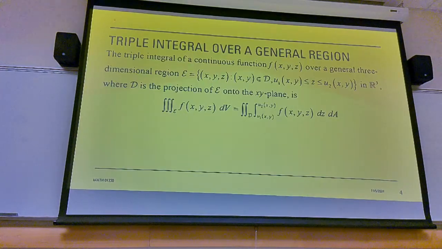Then the triple integral over E of f dV is an iterated integral. It's the double integral over your region D of the integral from u1 to u2 of f, then dz dA. And again, there's no rule that says that it's z that has the bounds and that your D is in the XY plane. You can also have D in the YZ plane or the XZ plane, and then just make the changes accordingly.